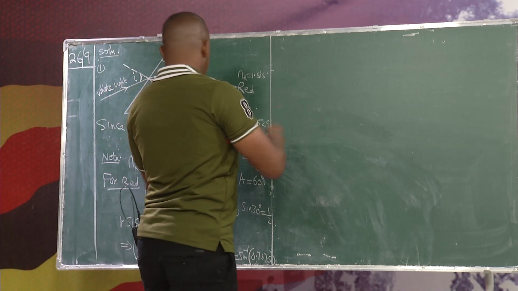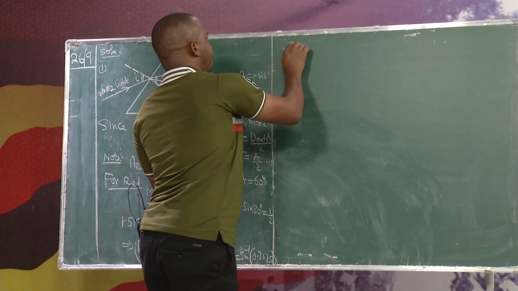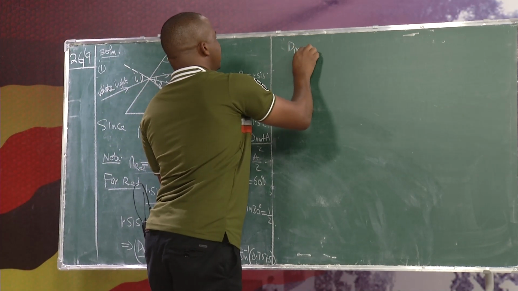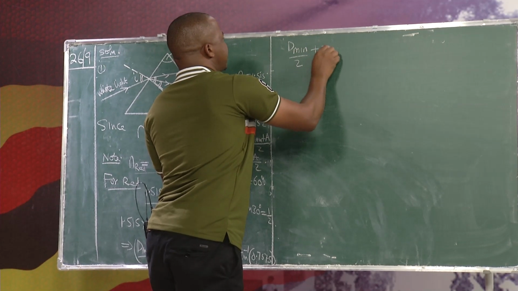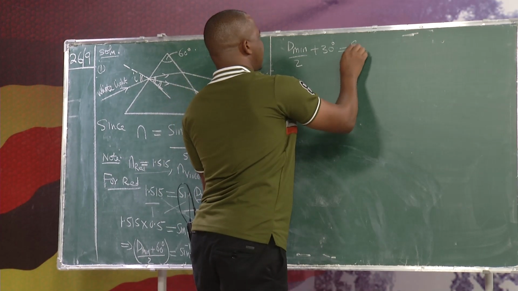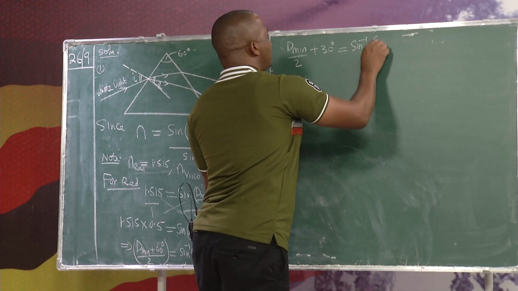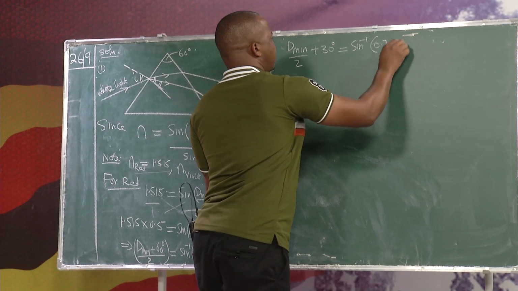It implies that if I do the mathematics here, I have d min over 2 plus 30 degrees being equal to the arc sine of 0.7575.